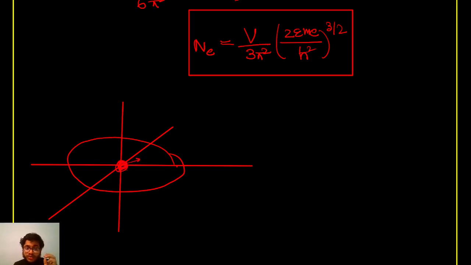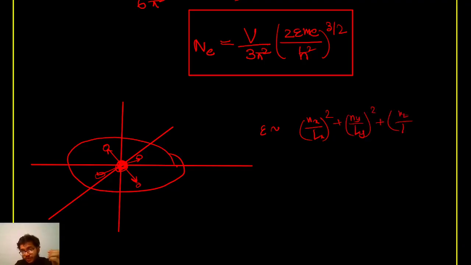But as we go out from the origin, the energy of these quantum states becomes more and more, because the energy, as we saw, goes like nx by lx whole square plus ny by ly whole square plus nz by lz whole square. Okay. So what is the maximum energy that the electrons can have? That is given as this.